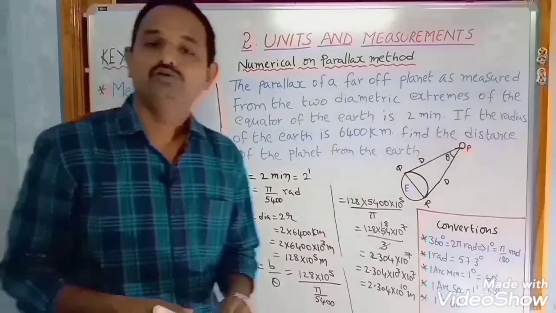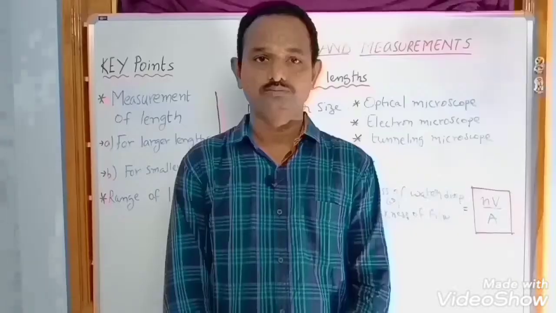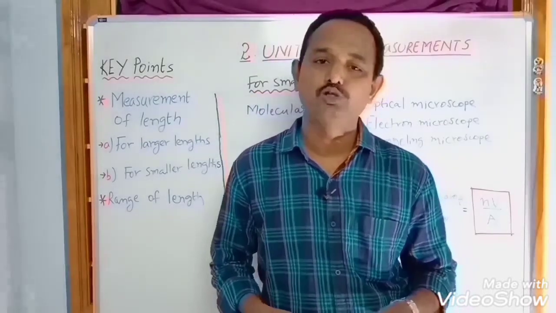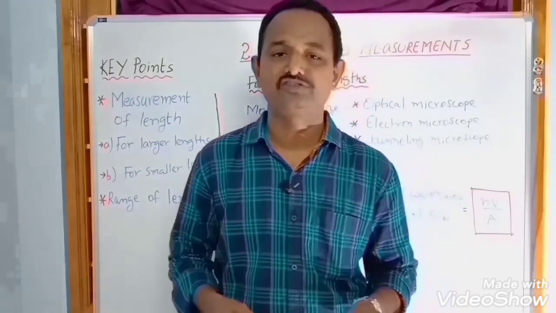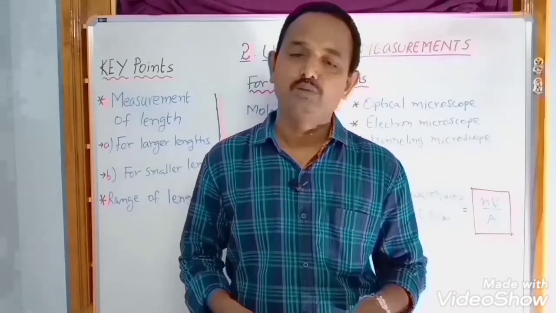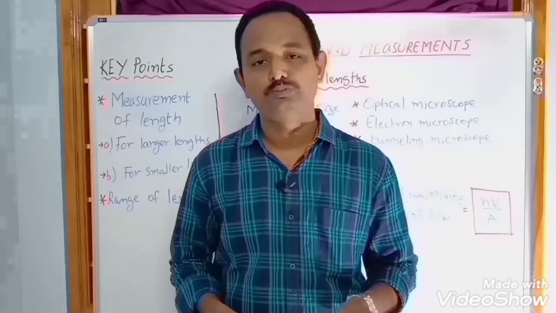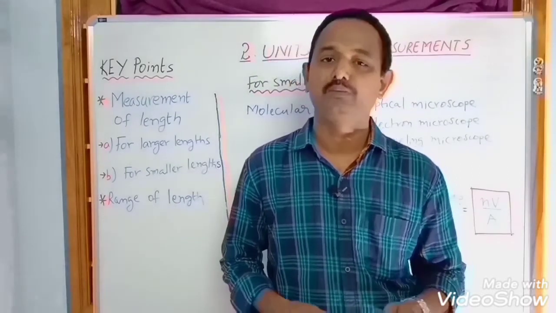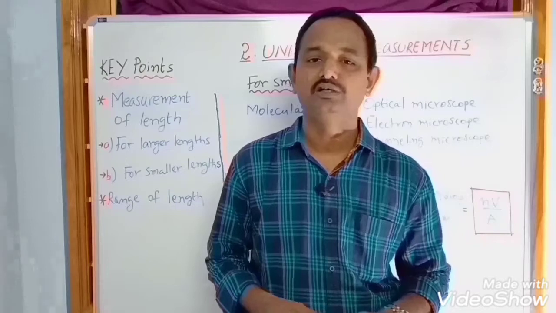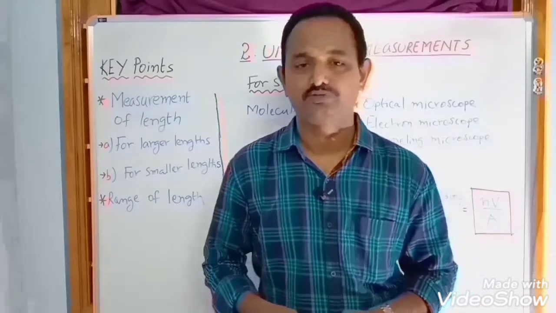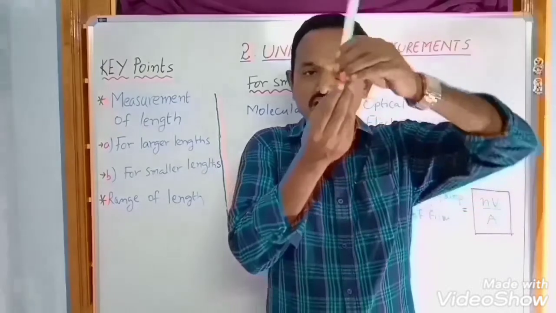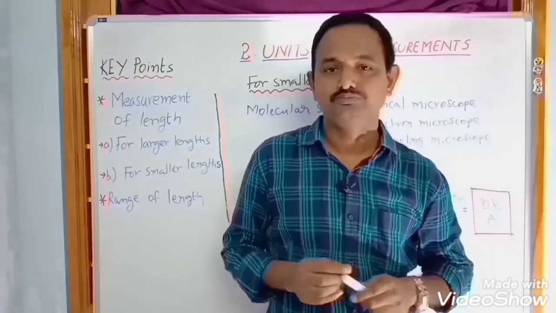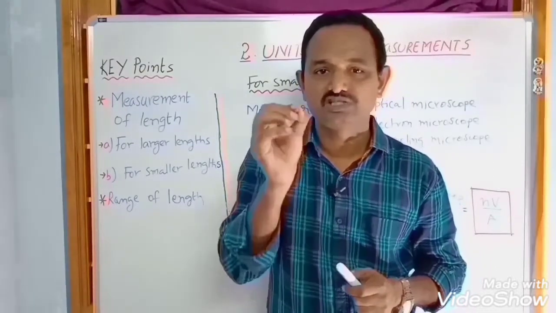Next we will discuss smaller lengths. For smaller lengths, like molecular size, for measuring molecular size we use the optical microscope, electron microscope, tunneling microscope, and one more method, that is the volumetric method. In the volumetric method, we take water drops. Suppose I am releasing water drops, each drop has some thickness, some size.